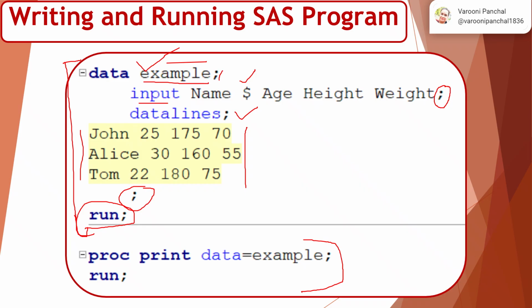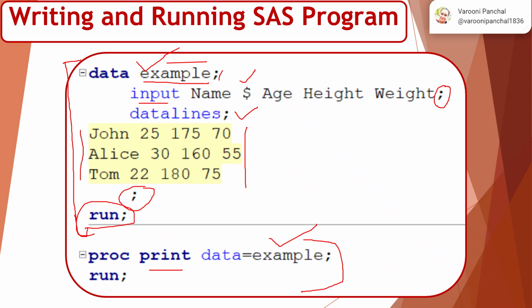Now next is the proc print. In very common layman's language, print is nothing but it will print. What will it print? It will print the data. What data will it print? It will print the example data set. Whatever name you give after data is nothing but the name of your data set.